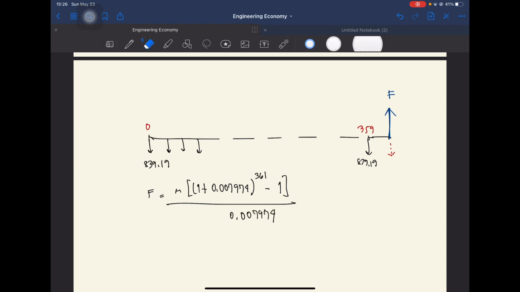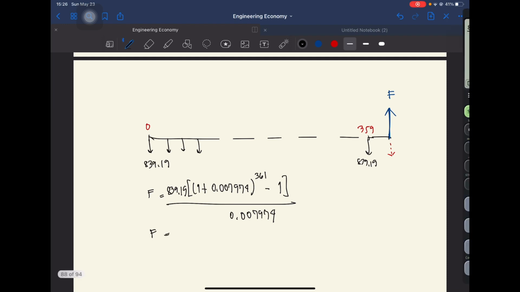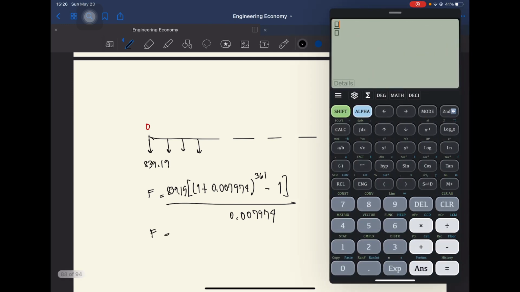Ito palang A na to is already known, which is 839.19. Okay, then that F equals 839.19, 1 plus 0.007974 raised to 361 minus 1 over 0.007974. Okay. So, ang sagot dyan ay syntax error.